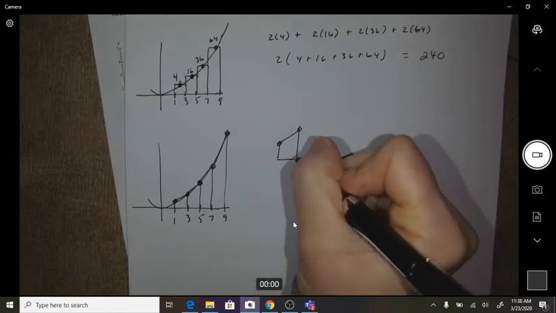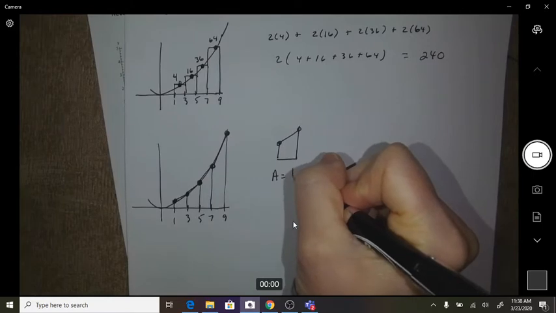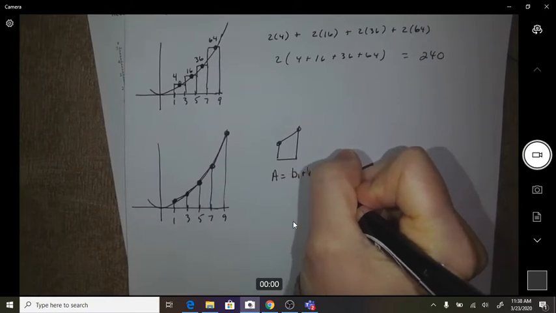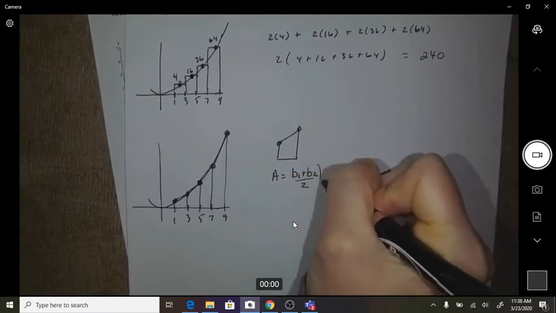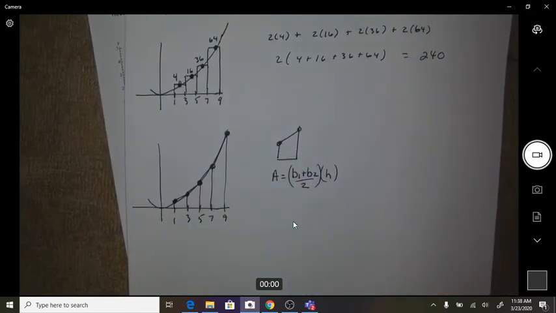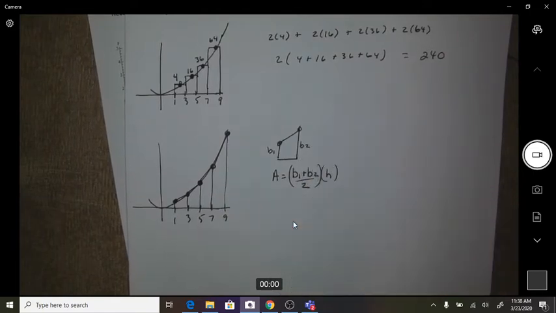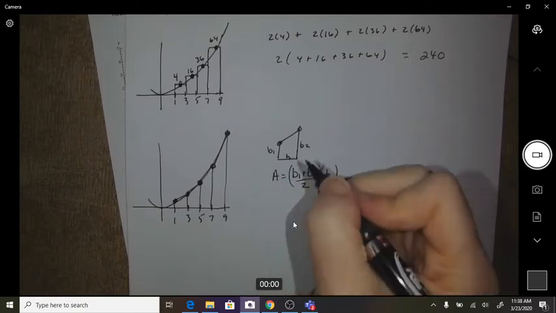The area of a trapezoid is base 1 plus base 2, averaged, and then times the height. So in our case, we would need to know the average of that and then times by the height of it.